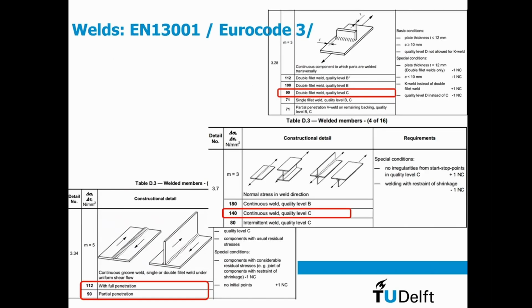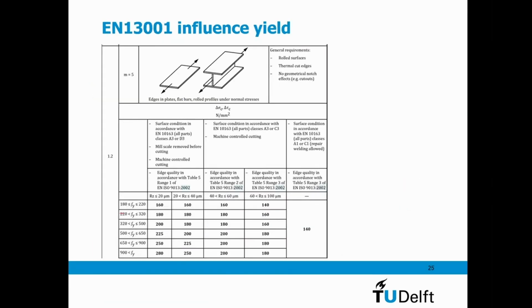The EN 13001 and the Eurocode 3, they have, if you remember, for non-welded parts, you can have FAT classes over 200 easily if you have higher yielding.